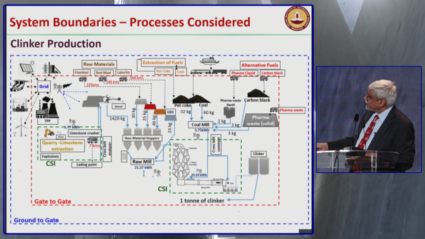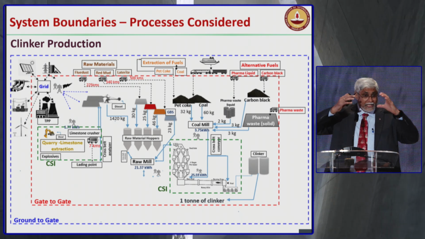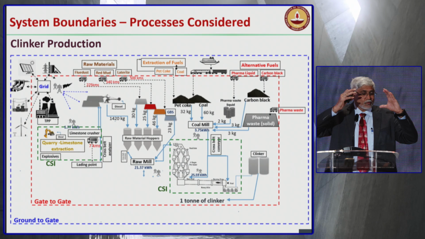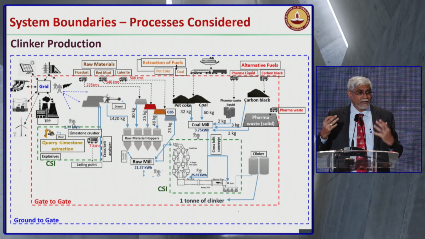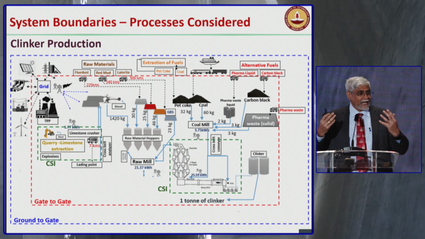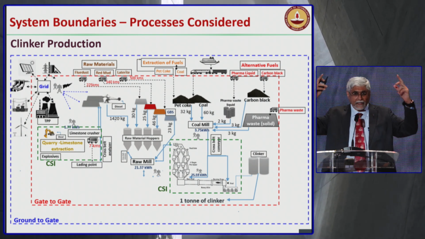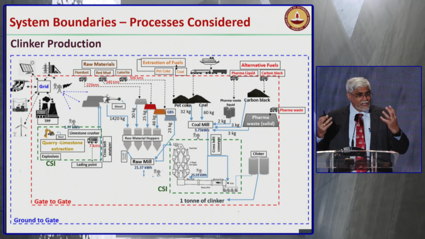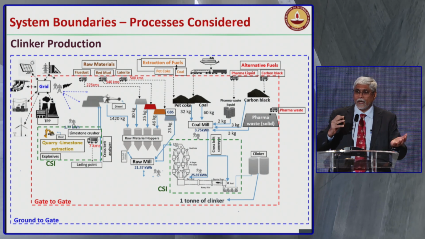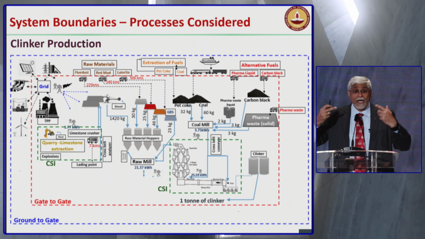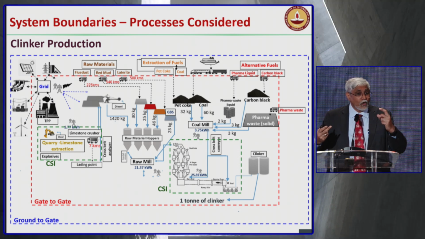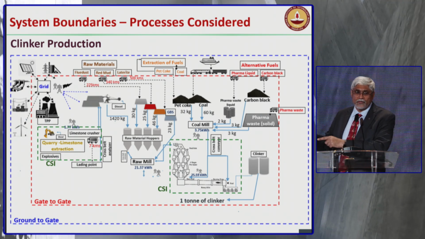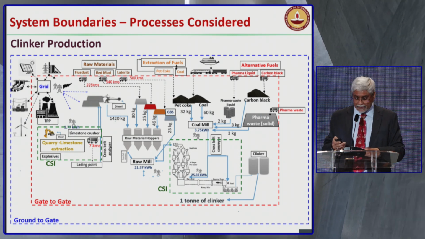You can consider just gate to gate, means only the plant, because what happens outside the plants is often beyond the control of the manufacturer. But for academic interest, it is better to look at the whole system. But once you have the data, it is easy to do one or the other and see where we can improve. Which process has to be changed, what component has to be changed to reduce the embodied energy and the carbon.